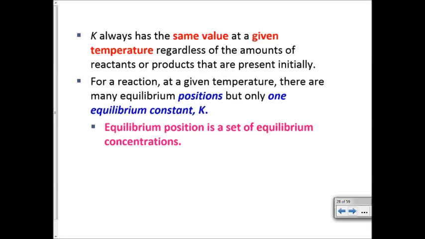So as you saw in that data table a couple slides ago, it didn't matter what you started with, didn't matter what the numbers were afterwards. When you did the products over the reactants at those equilibrium concentrations, you always ended up with that same K value. You could have more of the product, more of the reactant, but it's still going to be set at that same ratio. Okay?